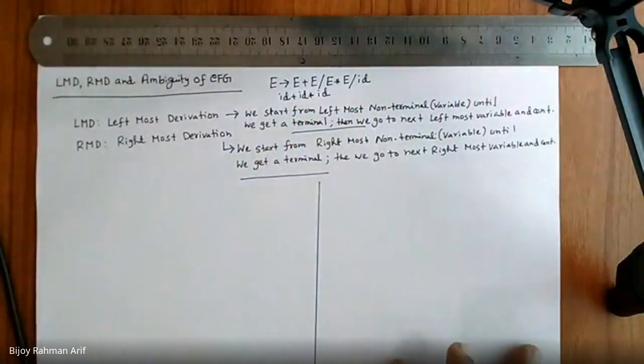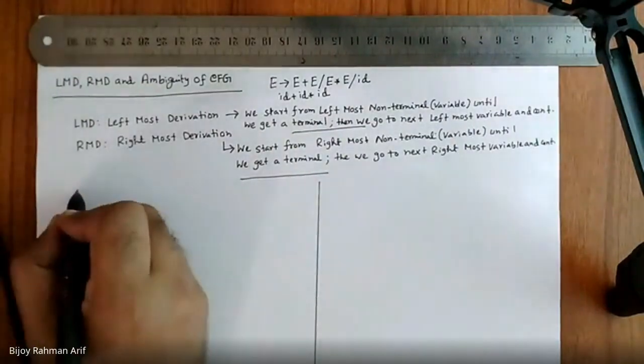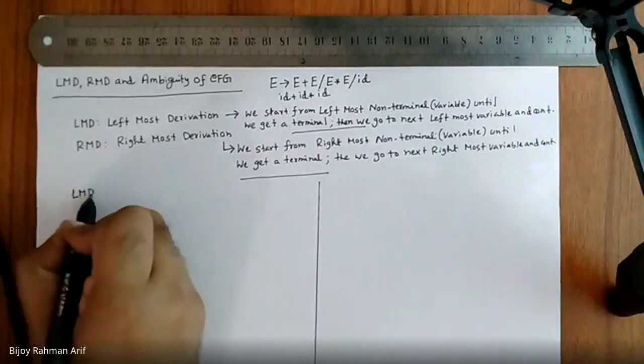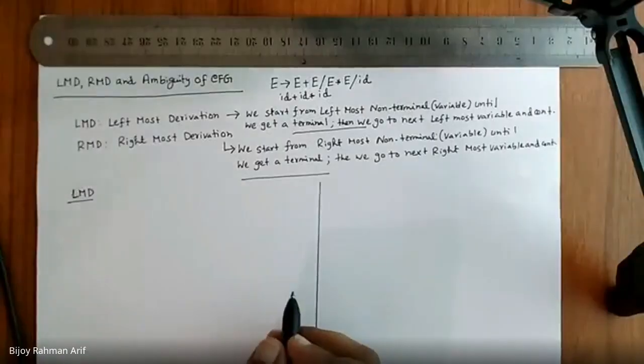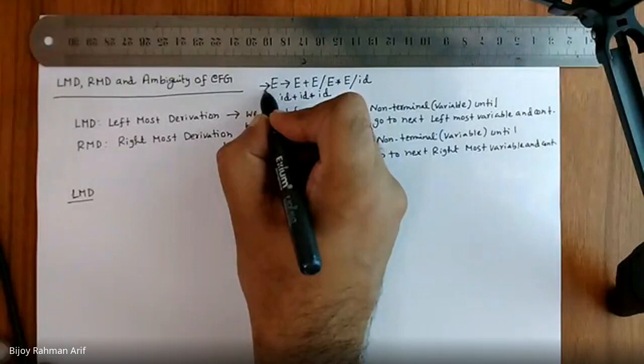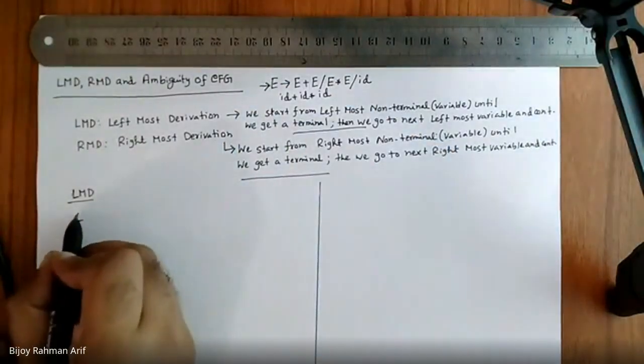So what should we start our derivation in LMD? Left. So from where should we start? From the start symbol. In this case, the start symbol is E.